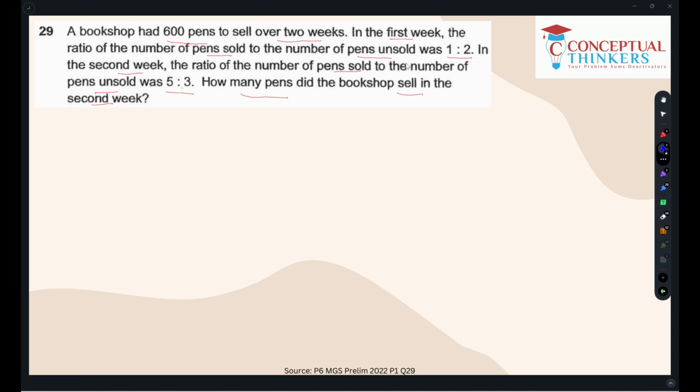So if you look at the second week ratio, the pens sold added to the pens unsold should be equal to the number of pens unsold in the first week.